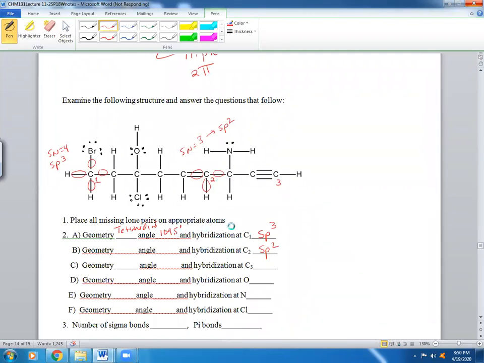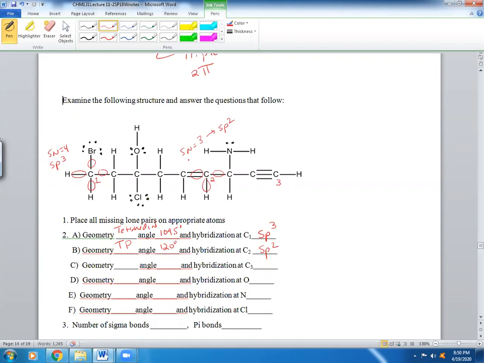Okay, so I'm just going to call it trigonal planar TP for space purposes, and then this is 120.